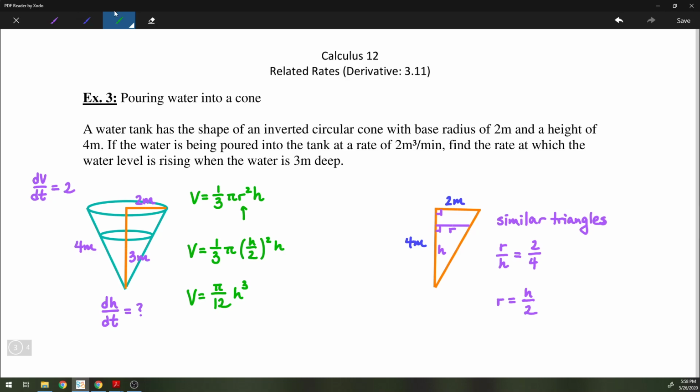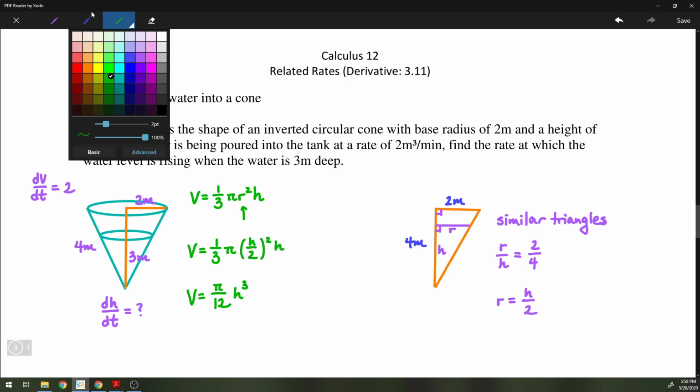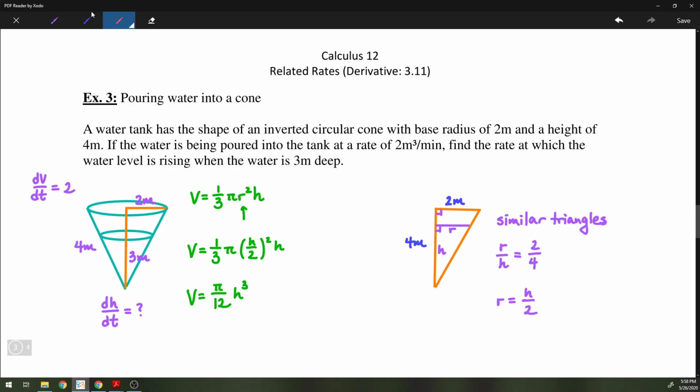From there, you can take the derivative of both sides and use implicit differentiation. So that will give us dV/dt is equal to 3 pi over 12 and then h squared times dh/dt. dV/dt, of course, is 2 at the moment. Actually, we can simplify this.